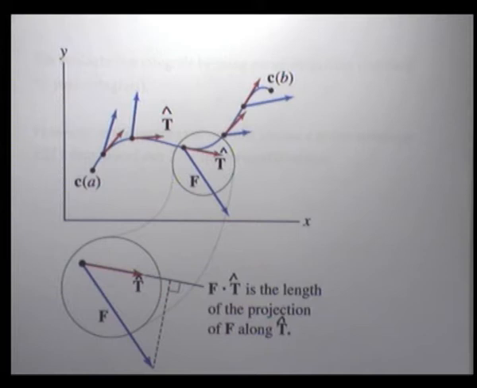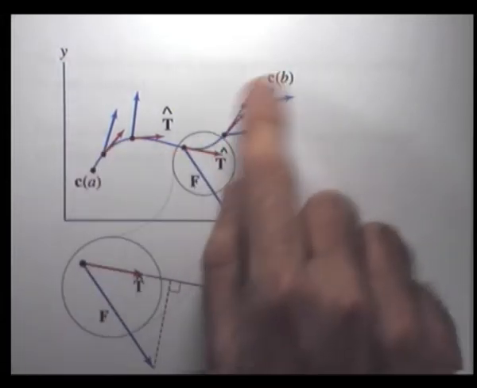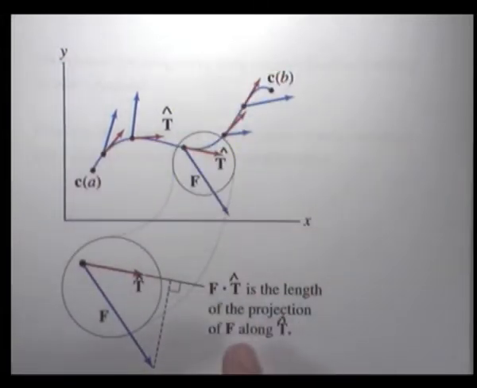At least in this picture, what F dotted with T means is the component of F along the unit vector T. Of course, that can change as we move along the curve. When we get down to parameterizations, this is going to be a function of little t, just a scalar valued function.